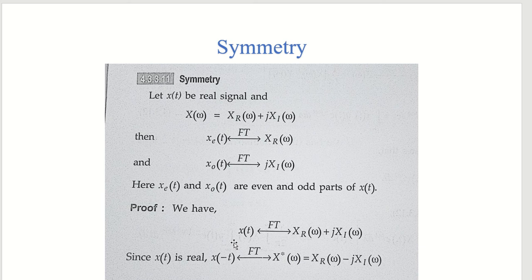So let's say we have a signal x of t, and its Fourier transform x of omega will be xr of omega plus j into xi of omega. The Fourier transform of the even part of my signal will be xr of omega, and the Fourier transform of the odd part will be j into xi of omega.